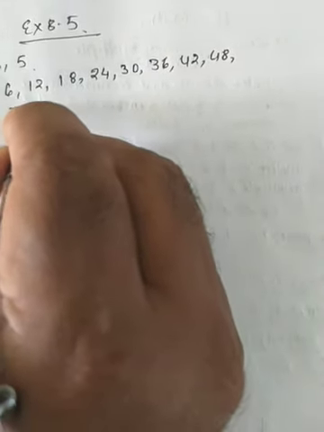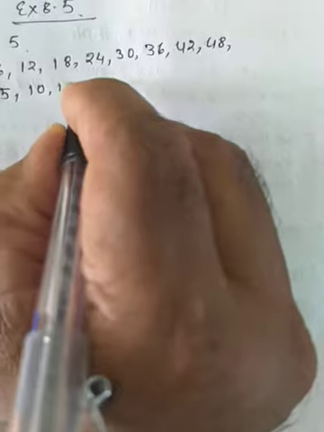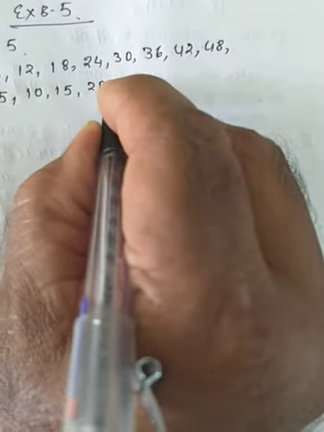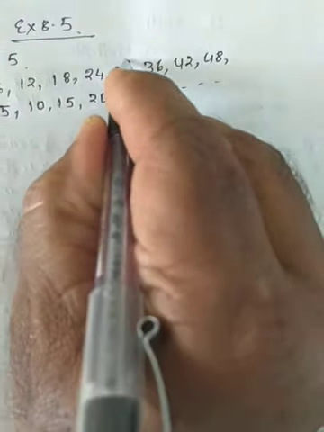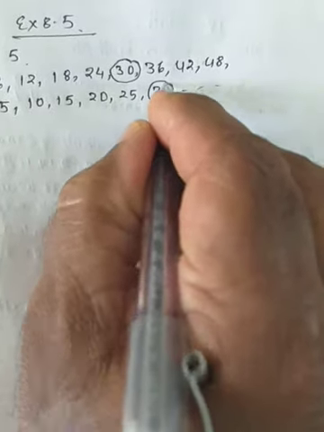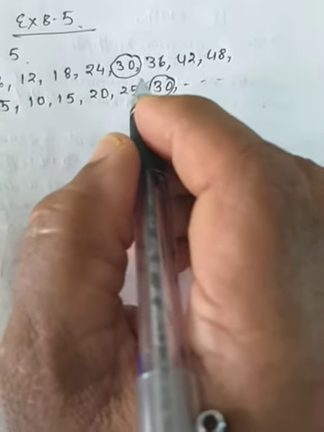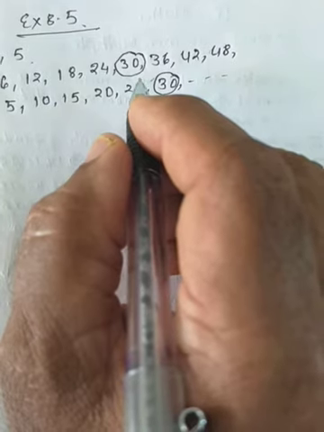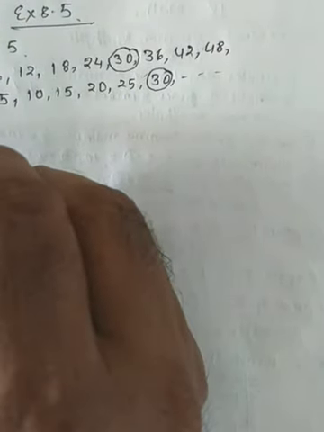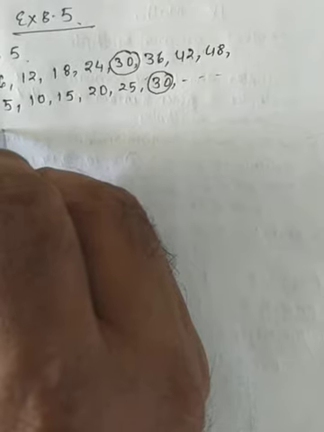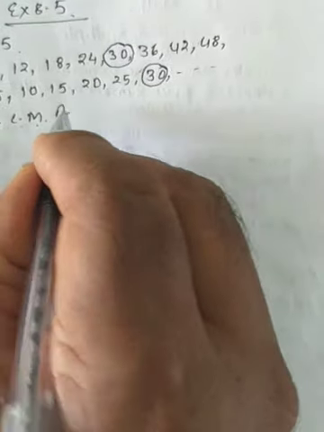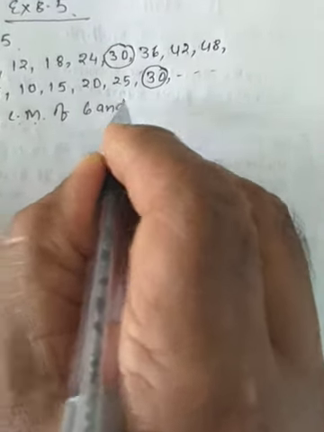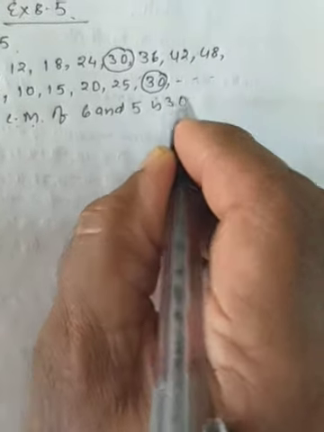The multiple of 5 is 5, 10, 15, 20, 25, 30 and so on. So the common multiple is 30. So the LCM of 6 and 5 is 30.